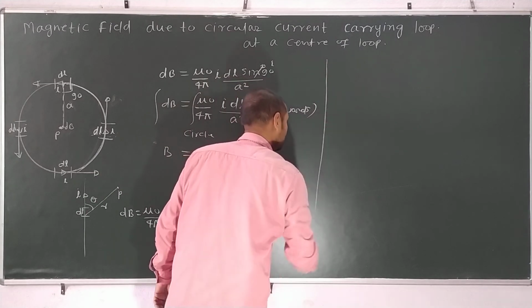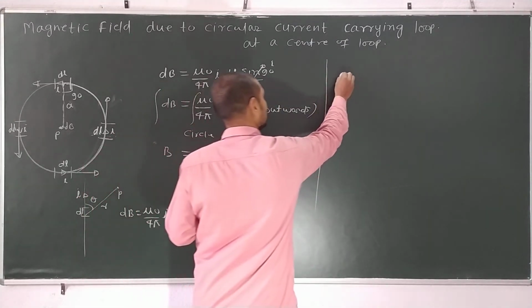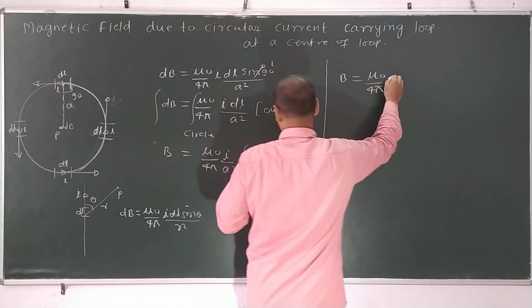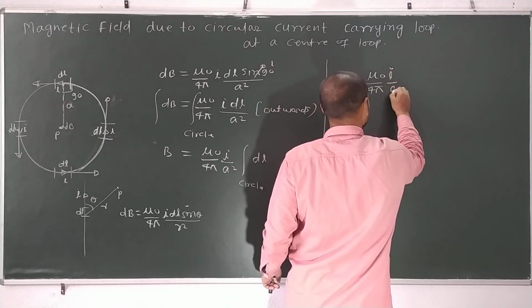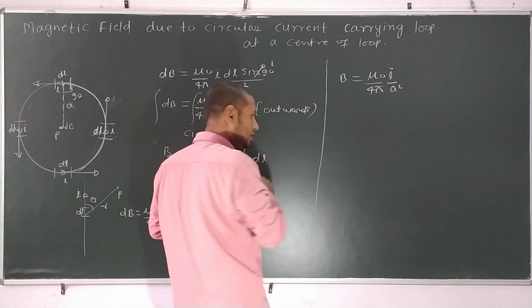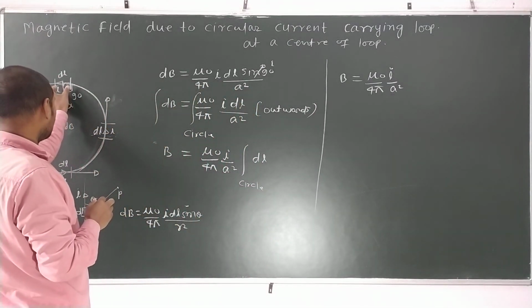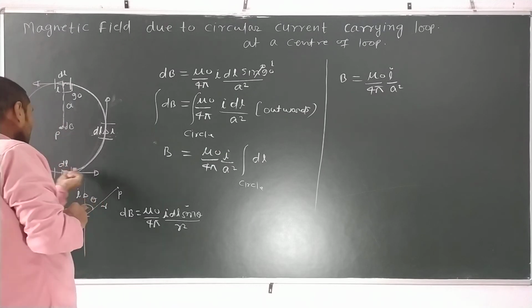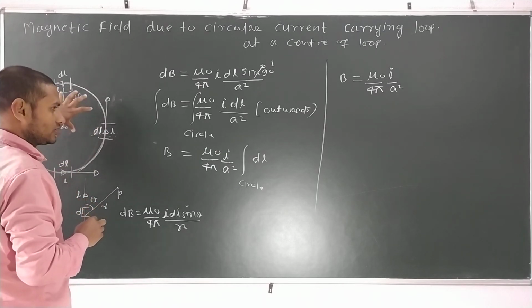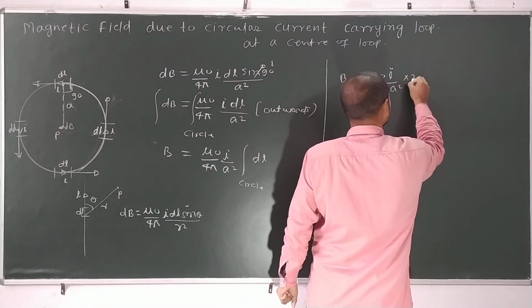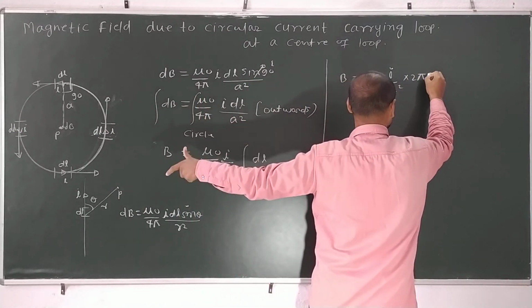As we integrate dl, we get the circumference of this circle, 2 pi a.